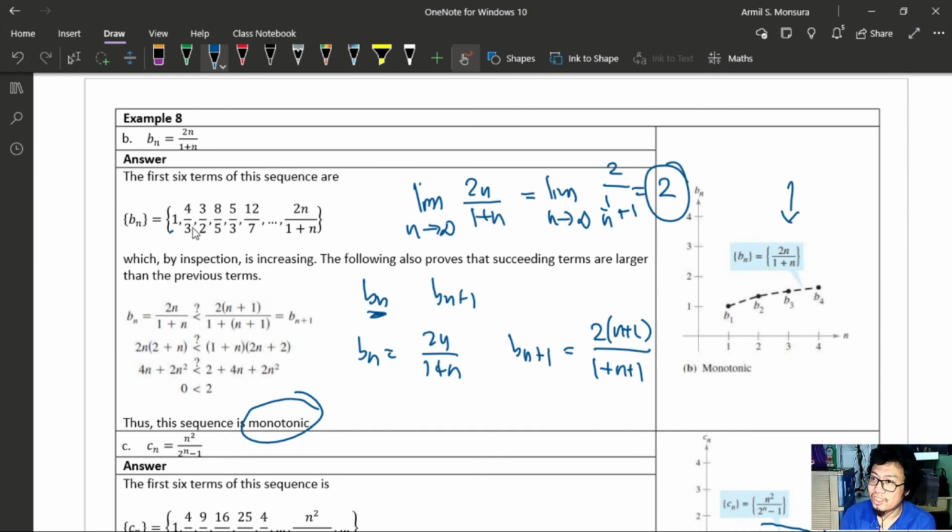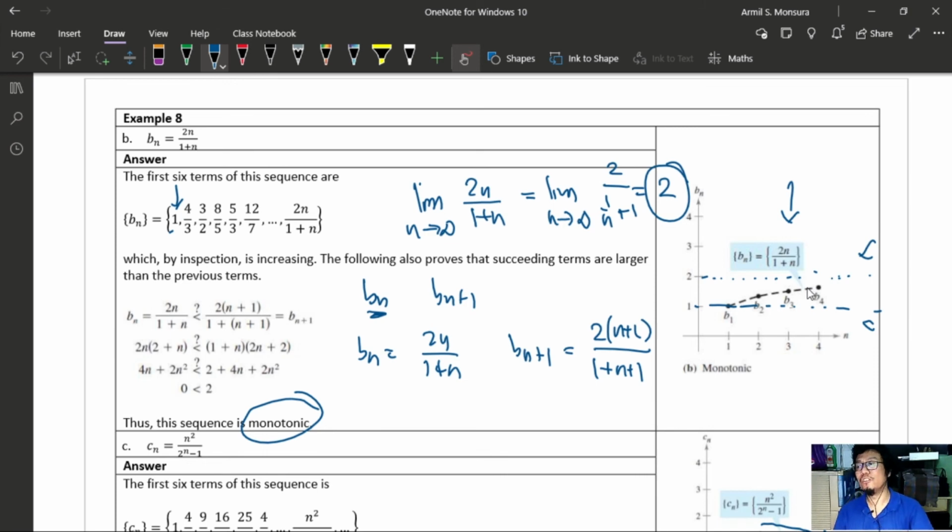And since this is the minimum value of your sequence because that's the first term, your sequence is actually bounded at the upper bound. It has a 2, or it is limited to 2. On the lower bound, it is 1. So there is an upper bound and a lower bound. So therefore, the sequence is bounded.